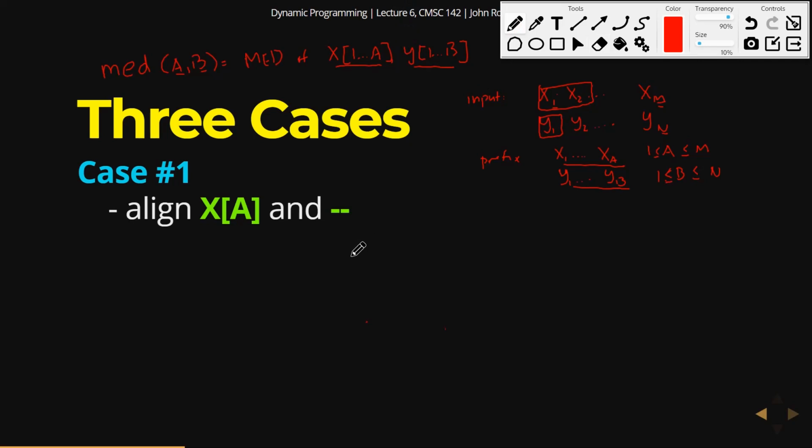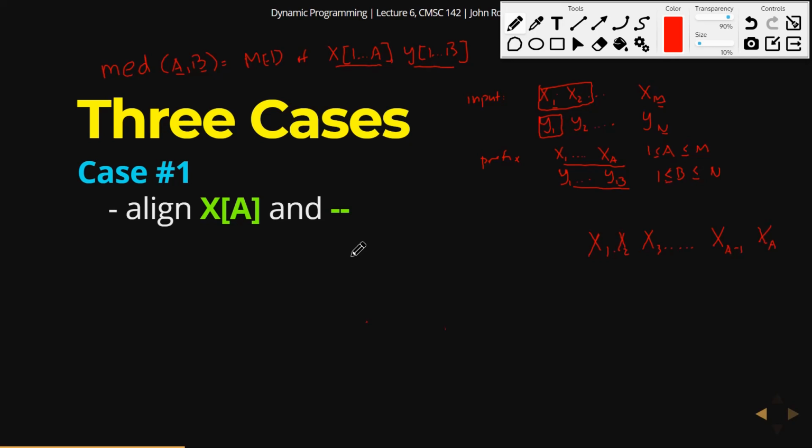So what will this mean? If it was XA with a blank, so X1, X2, X3 ... and then A minus 1, XA, and then aligned with a blank.